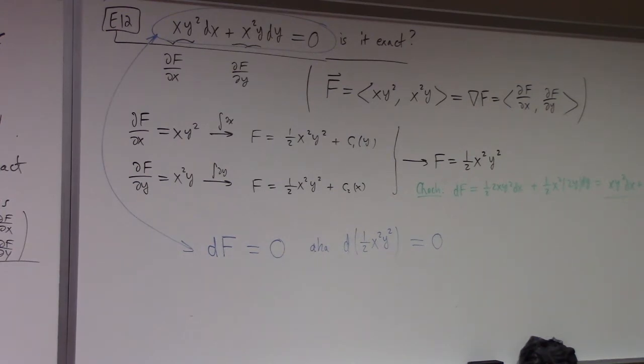The solution to that is what? I mean, what does that say? It says the solution is 1/2 x squared y squared equals a constant. So that's it.